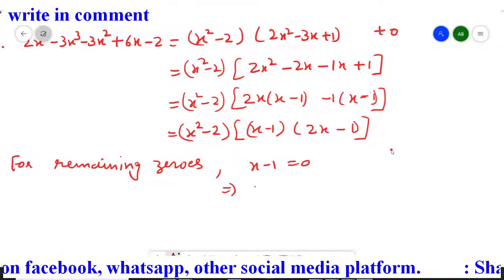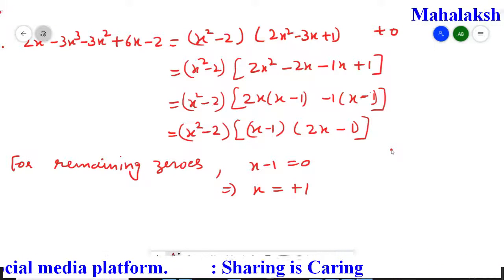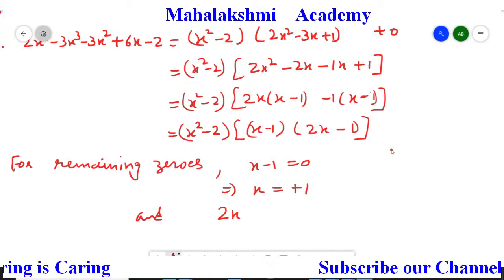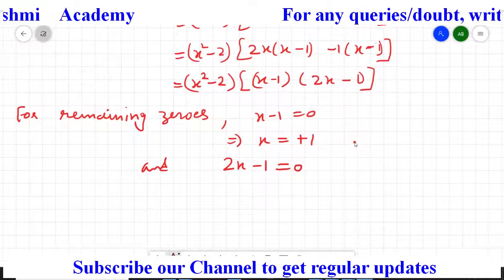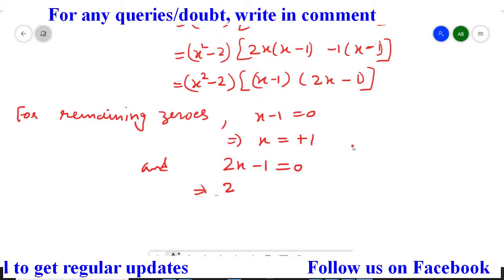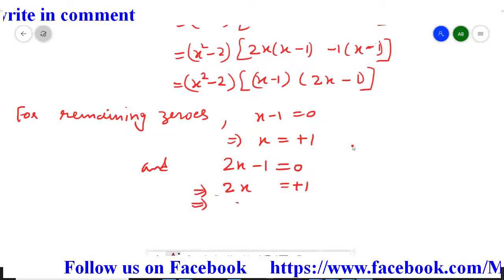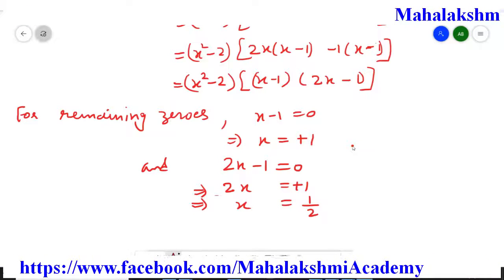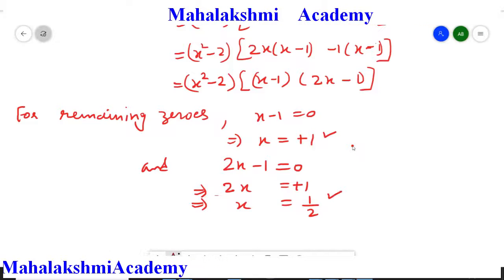So that will give us x is equal to, it's minus 1, so when we side change it is going to be plus 1, and 2x minus 1 equal to 0. That will give us, which implies 2x is equal to plus 1, which implies x is equal to 1 upon 2.